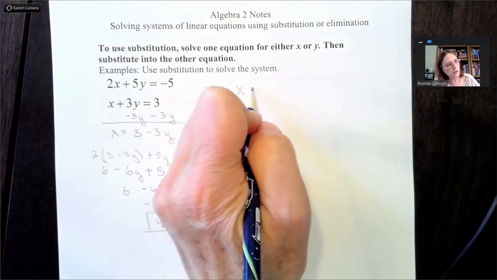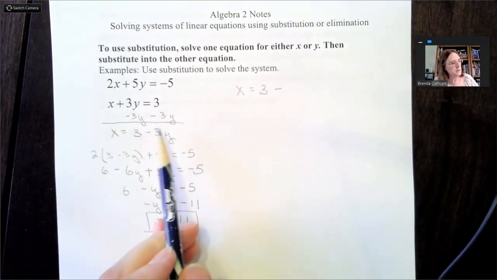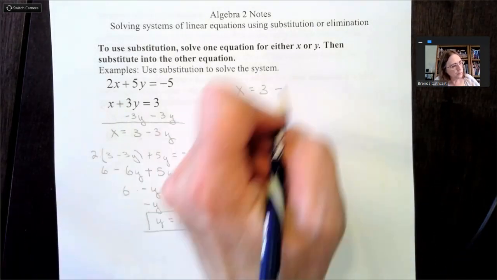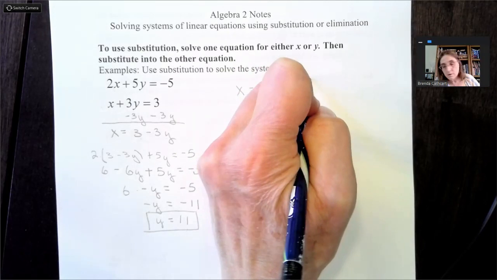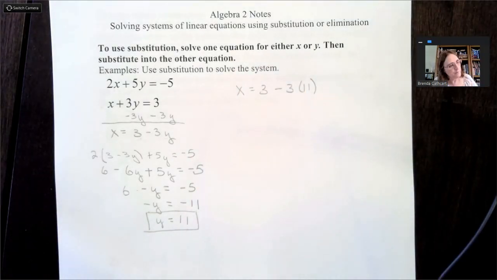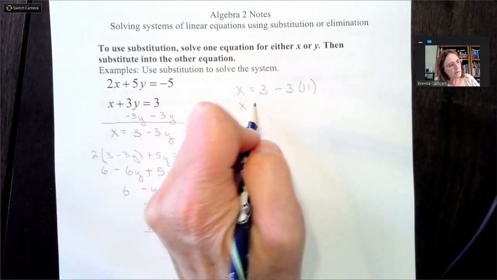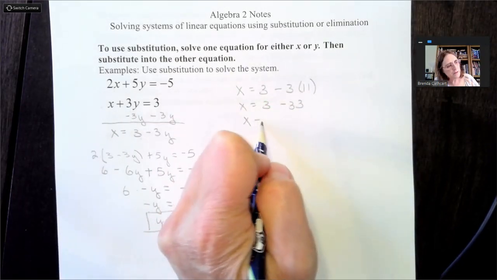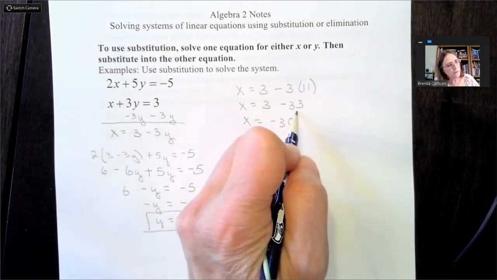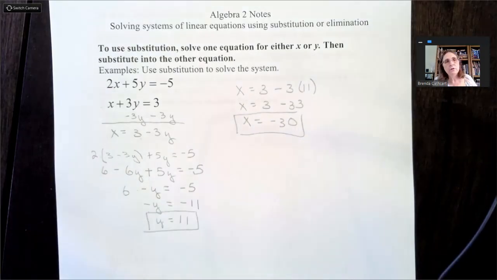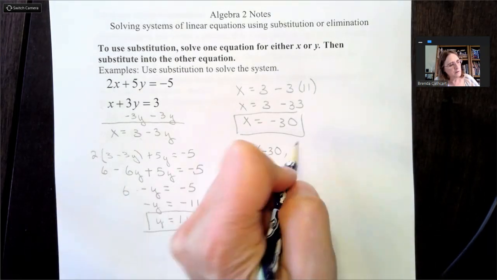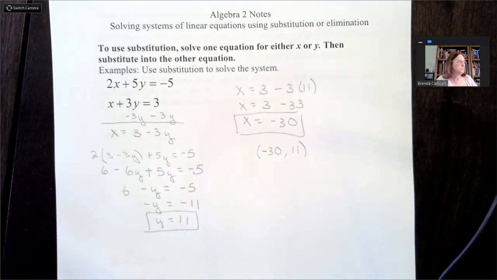So we're going to use x equals 3 minus 3 times our value for y, so 3 times 11. Substituting in, we have x equals 3 minus 33. So x is equal to negative 30. And we're going to write that solution as an ordered pair, negative 30, 11.